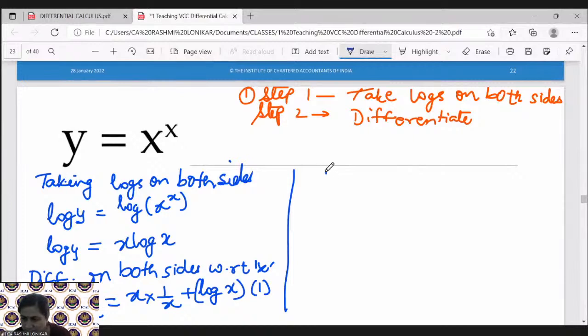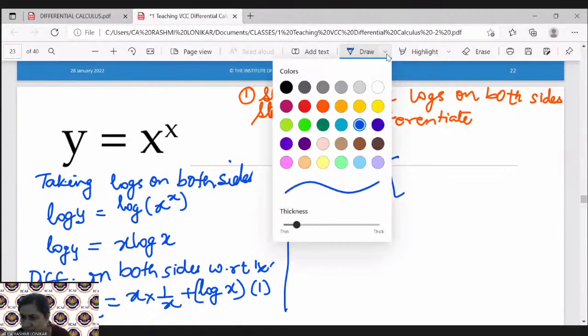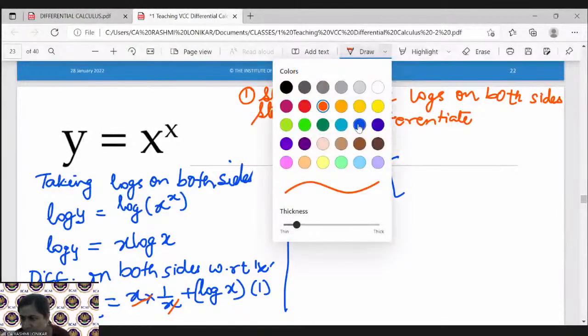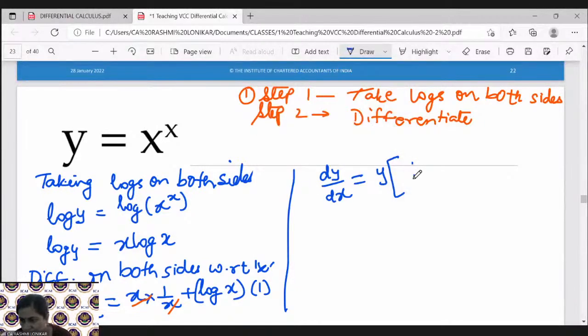I keep dy by dx on one side and take the 1 upon y over there, so it will be y into bracket, and this x cancels with this x. So what is left over there is 1 plus log x.